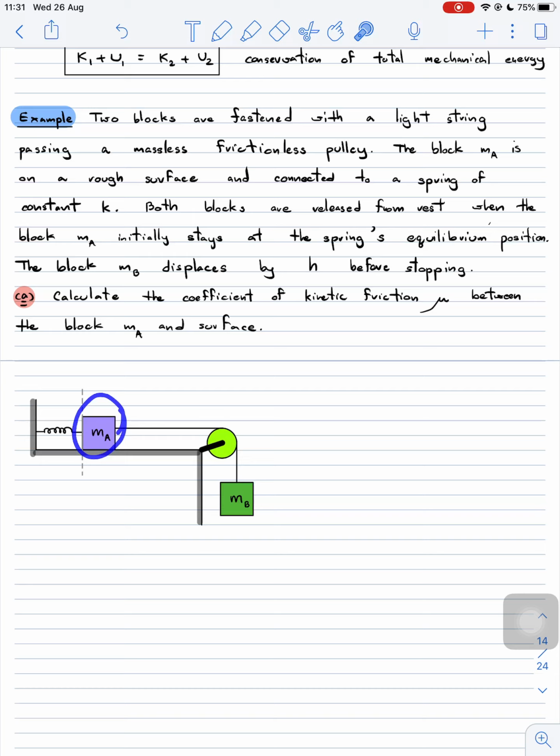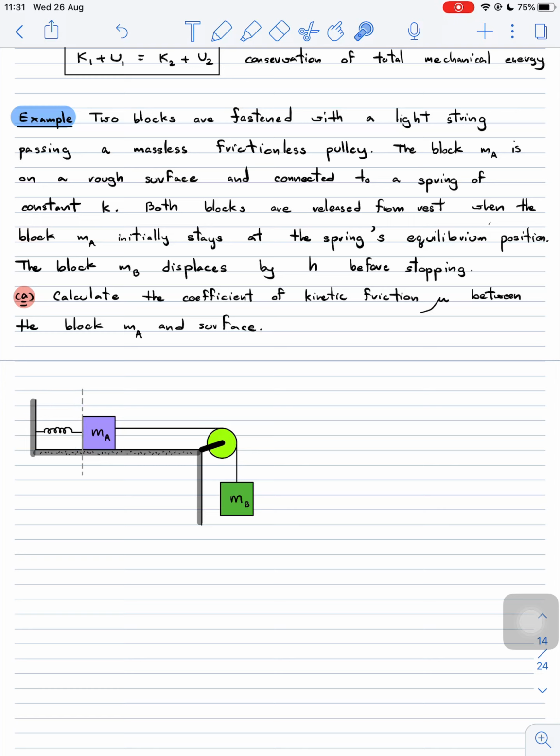So we have the block MA and the block MB, both connected by the light string passing over this pulley. The block MA is on the rough surface, so this is the rough surface, and it is connected to a spring with spring constant K.